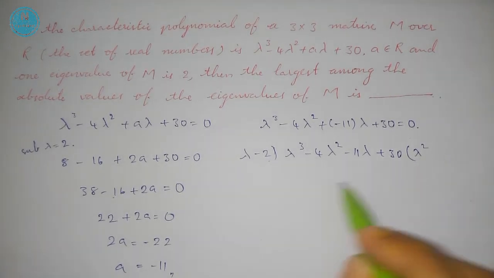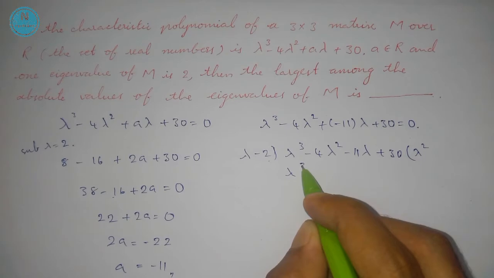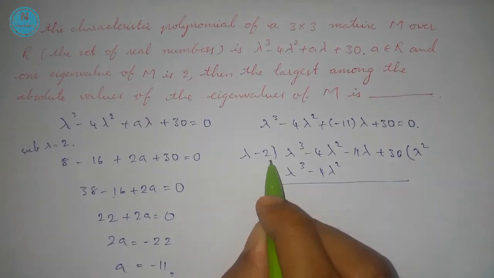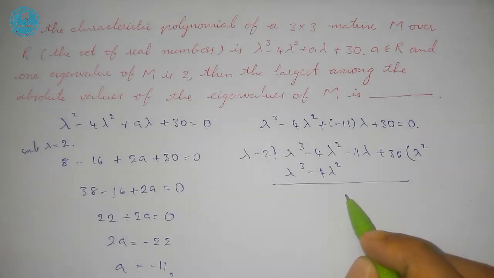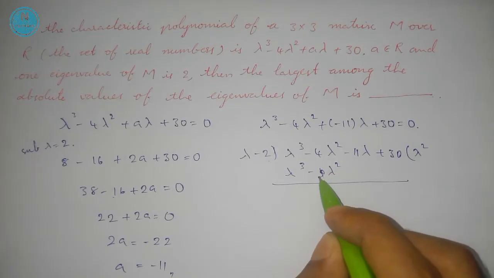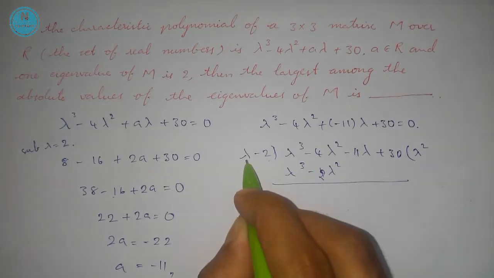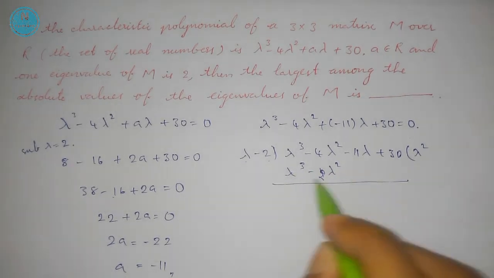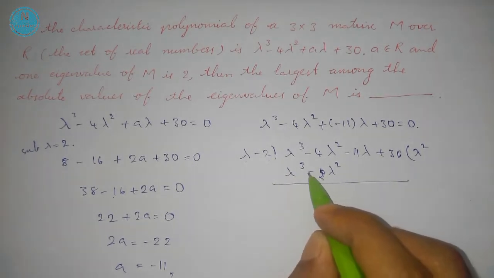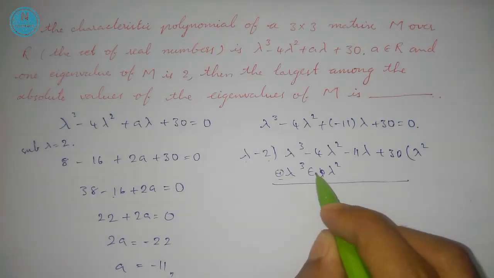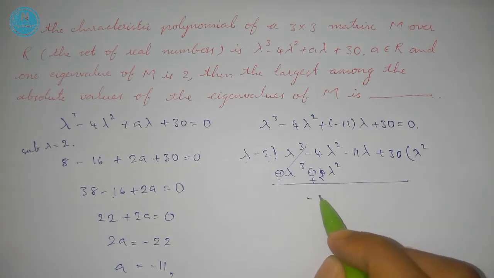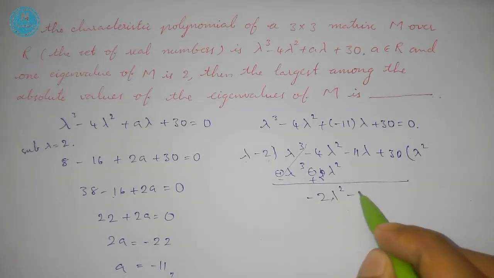Lambda square into lambda minus 2 gives lambda cube minus 2 lambda square. Then change the signs: plus 2 lambda square minus 4 lambda square gives minus 2 lambda square, minus 11 lambda.